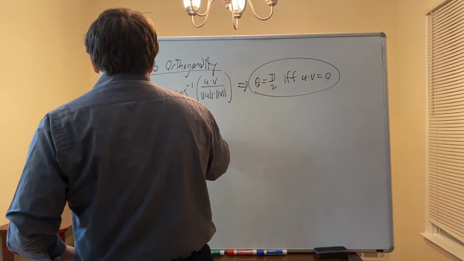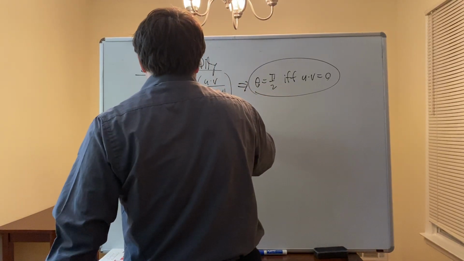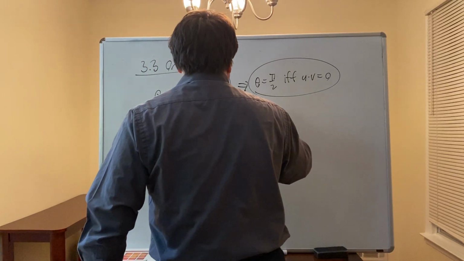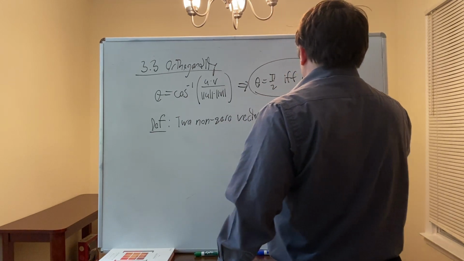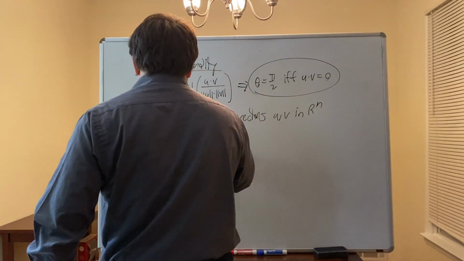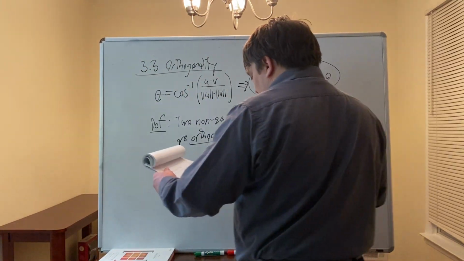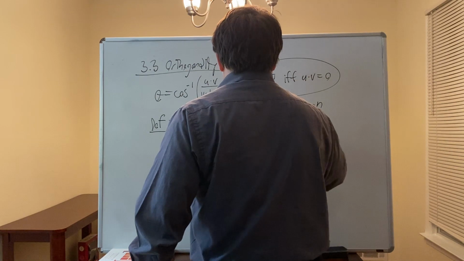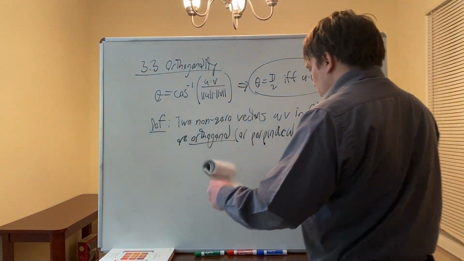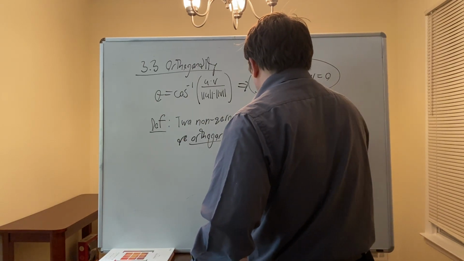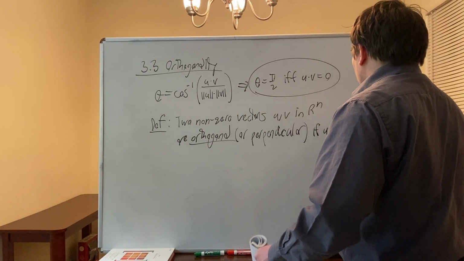Now here's the definition. Two non-zero vectors u and v in n space are orthogonal or perpendicular if u dot v is equal to 0.